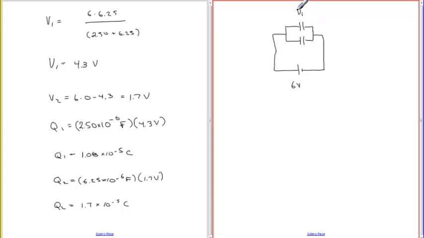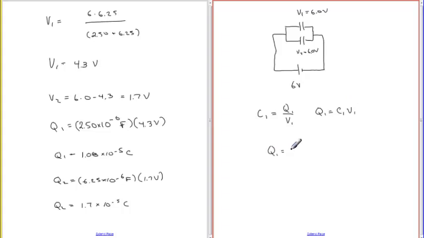So we know V1 is equal to 6 volts, and we know that V2 is equal to 6 volts. So let's write down what we know. We know that the capacitance of capacitor 1 is going to be the charge divided by the voltage, Q1 over V1. So Q1 is just going to be equal to C1 V1. And we already know what these both are.